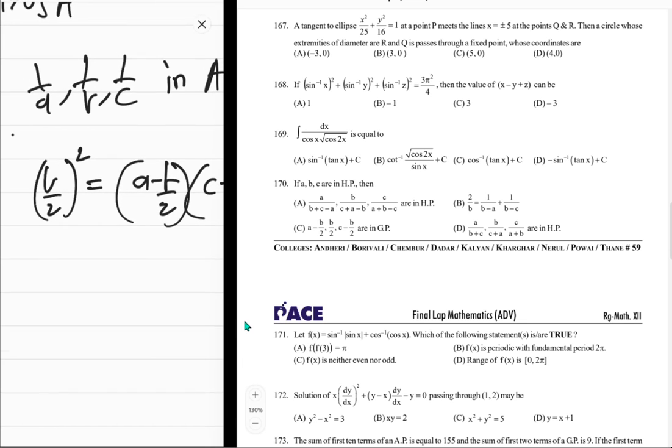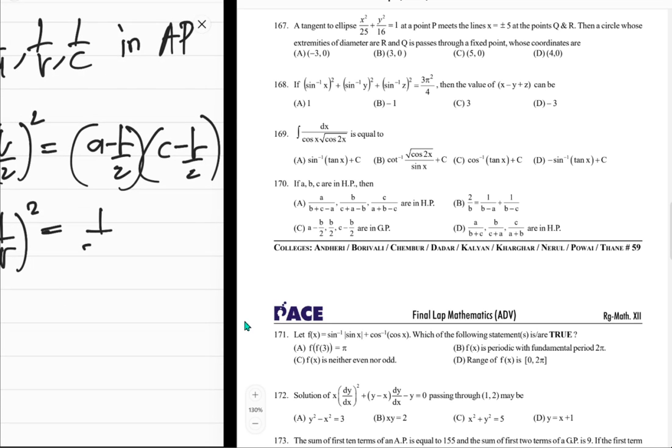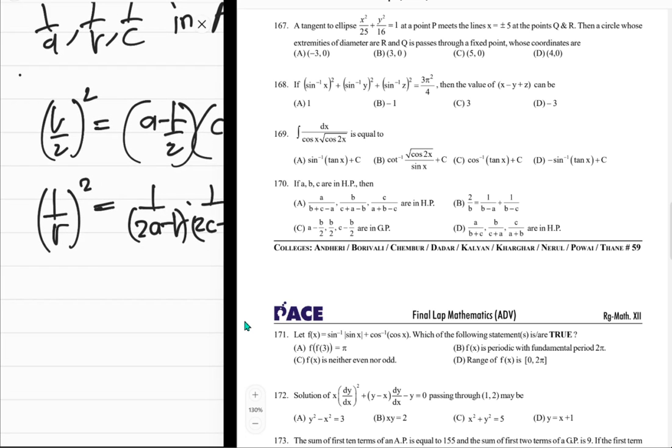Okay, why should that be? No, I don't see any reason for something like that to happen. It's almost the same thing as asking that 1 upon b squared is equal to 1 upon 2a minus b into 1 upon 2c minus b. I don't know. I don't think this should happen.